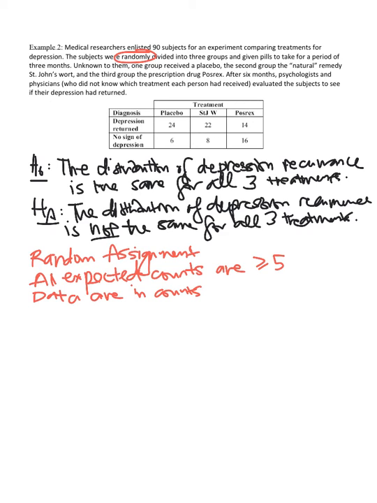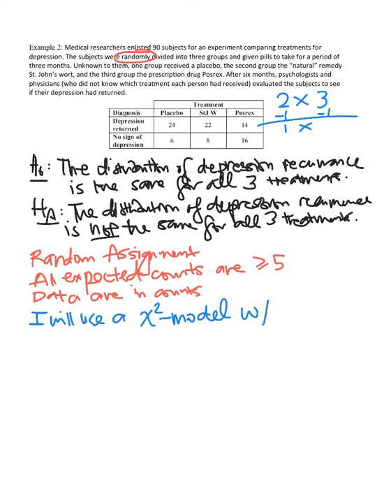Okay. So step 3, I got my statement. I will use a chi-square model with, all right, so this is a 2x3. So if I do 2 minus 1 times 3 minus 1, I get 1 times 2. So that gets me 2 degrees of freedom.